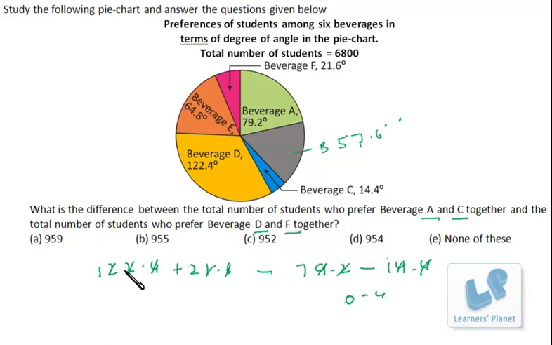So 2 minus 1 is 1, plus 2 is 3, 3 minus 7 is minus 4, minus 4 minus 1 is minus 5. So I have to borrow 1, 10 minus 5 is 5. So finally it's 50.4 degree, right? The difference is 50.4 from 360 into 6800, that you have to calculate, right?